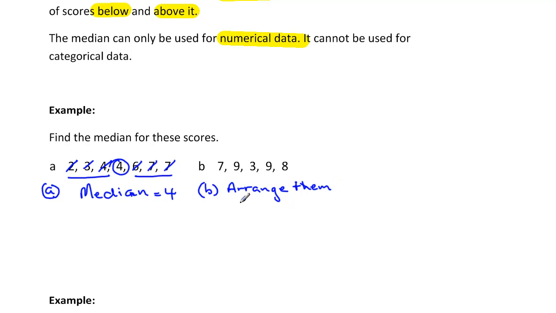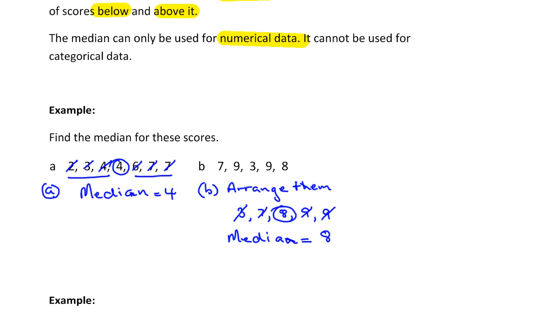So we get 3, 7, 8, 9 and 9. Let's find the middle number. It's pretty obvious what it's going to be. If I cross out these numbers one at a time, I'm left with 8. So my median is equal to 8.